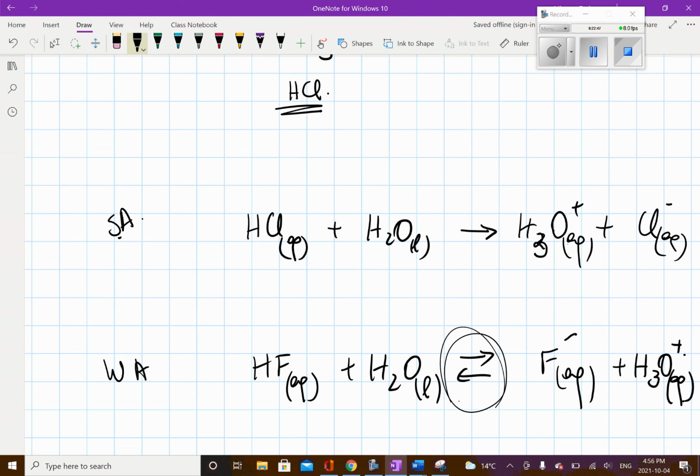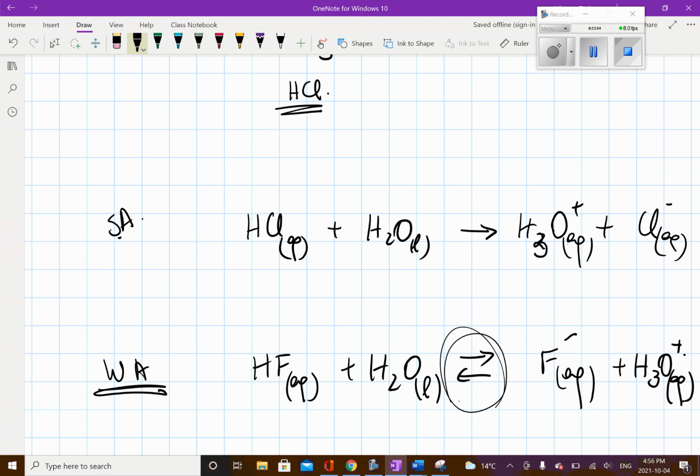So what is happening with weak acids is an equilibrium, and this gives us the right to say that we have a value of Ka for those.